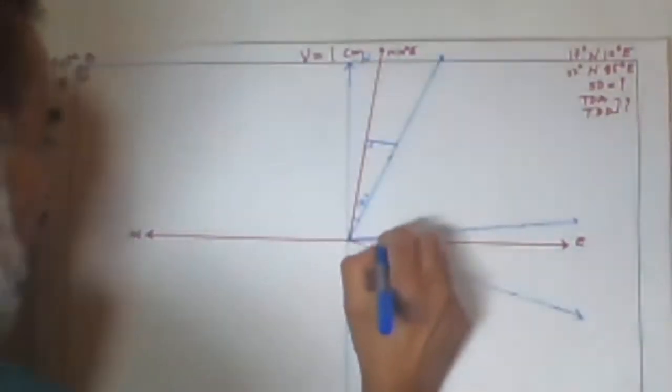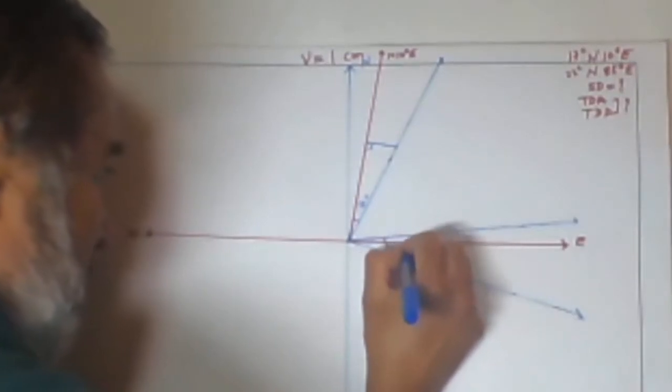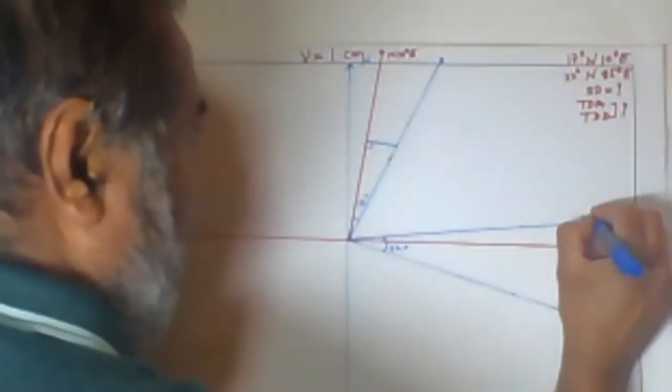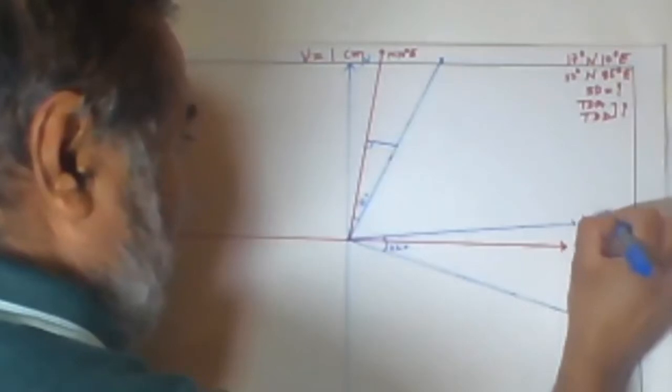So this is the 22 degrees and this is the north 85 degree east line.